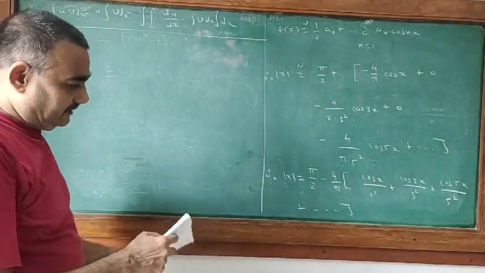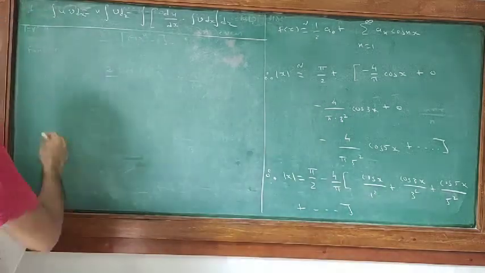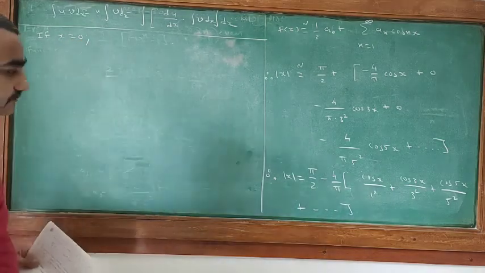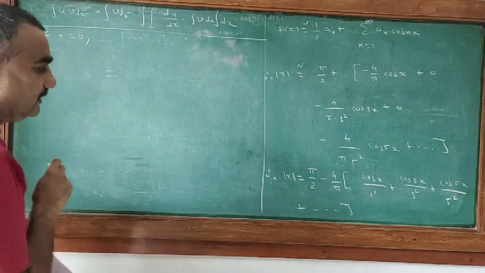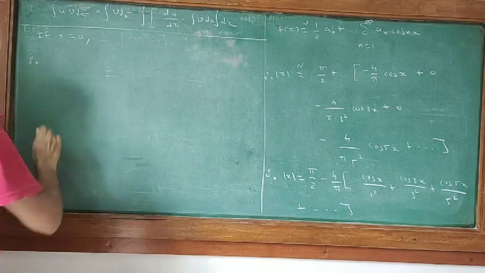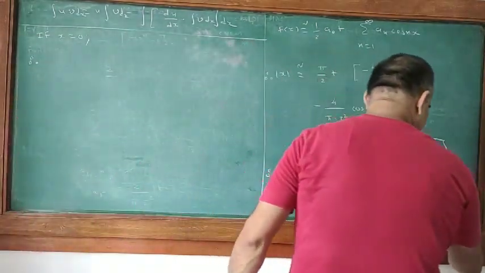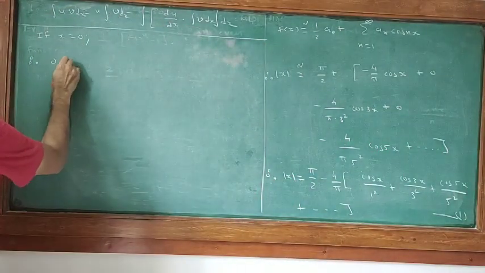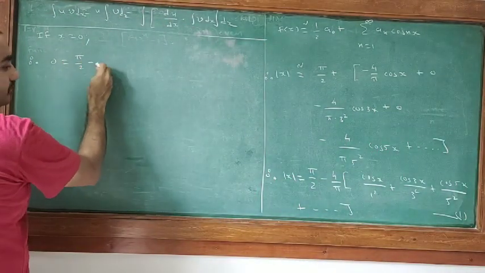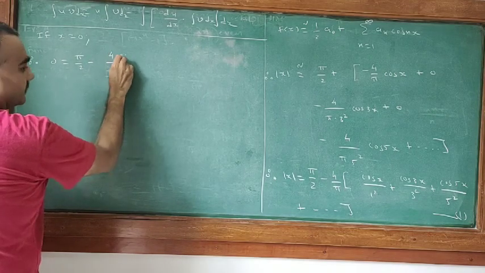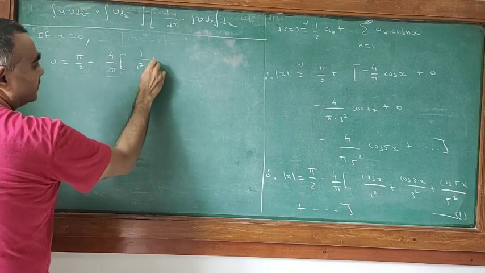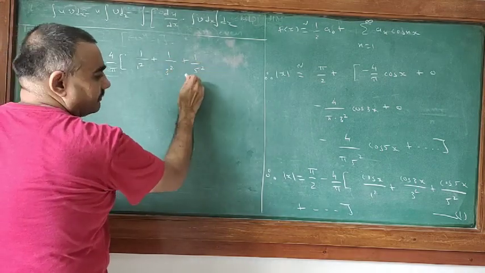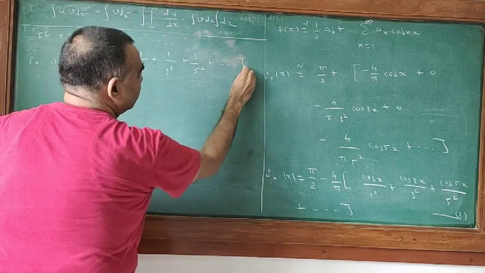Now if we put x equal to 0, then what do we have? I say this is equation number 1, and therefore 0 equals pi by 2 minus 4 upon pi, 1 upon 1 square plus 1 upon 3 square, 1 upon 5 square and other values.